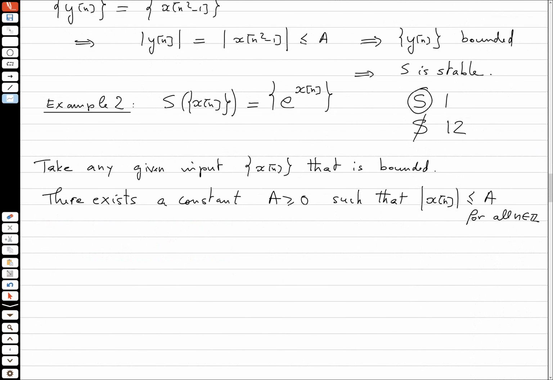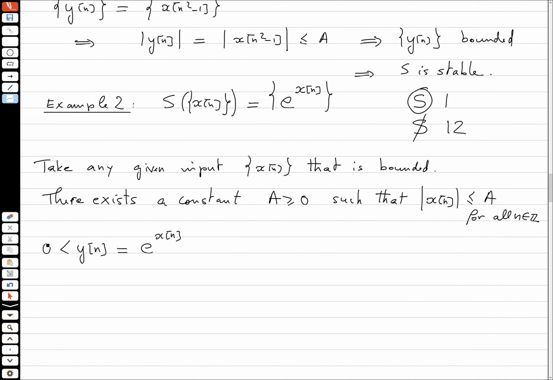All right, so we assume x of n is bounded, so there exists a such that x of n is less than a. You agree? Right. Okay, now what is y of n? So the first thing to notice is that this is always positive. There's no issue about this.